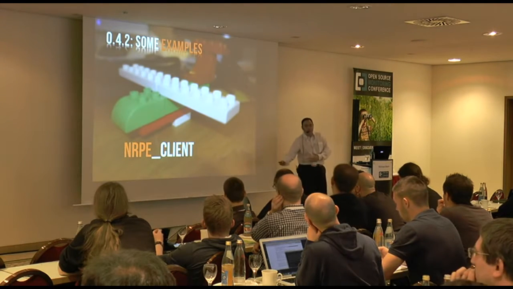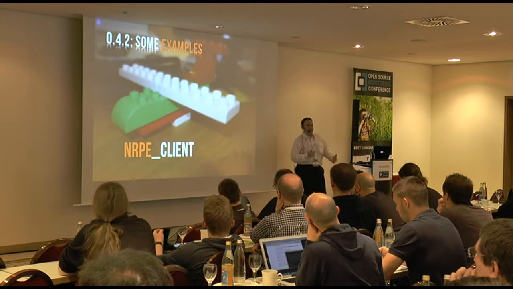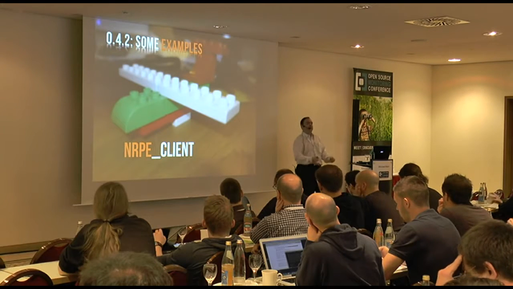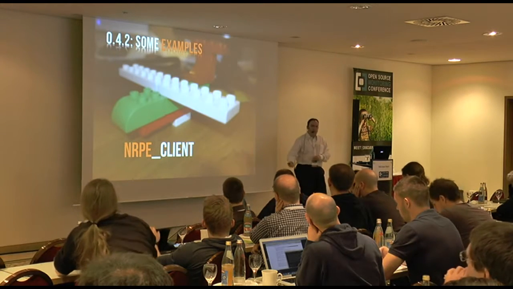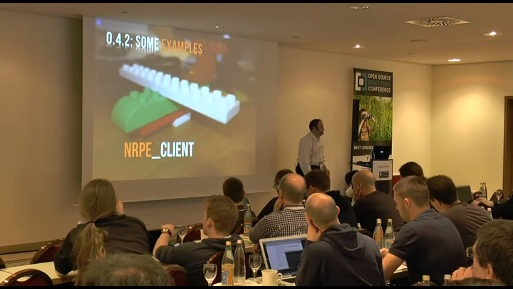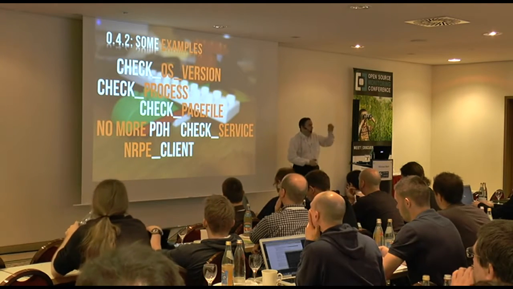So I wrote my own. Right now you can do this with the regular NSClient++, but it's kind of a bother because you need to start the entire agent and boot everything up, and then you can run your check inside it. Now there will be a dedicated client, which will be much easier to use and much easier to install and compile on Linux.